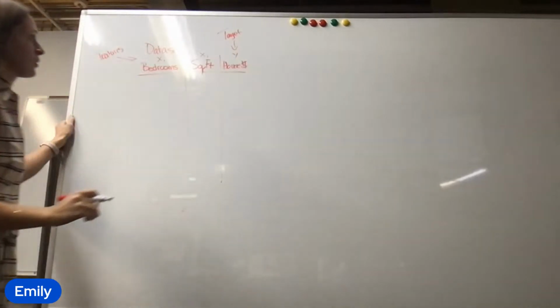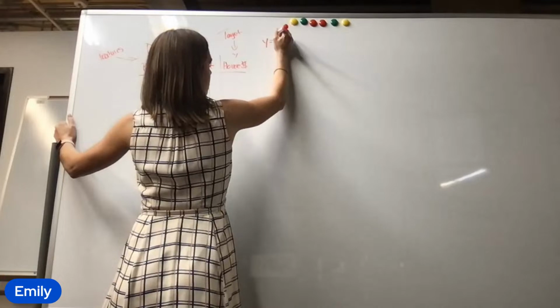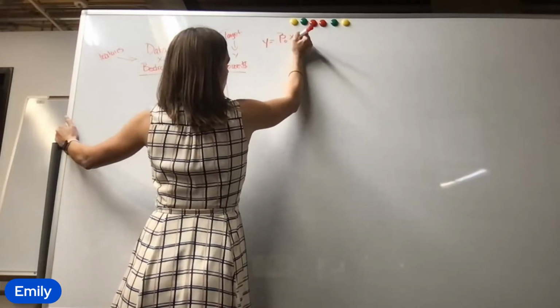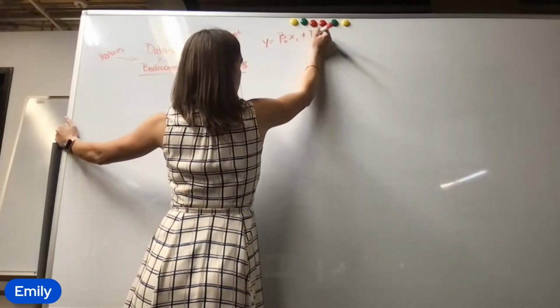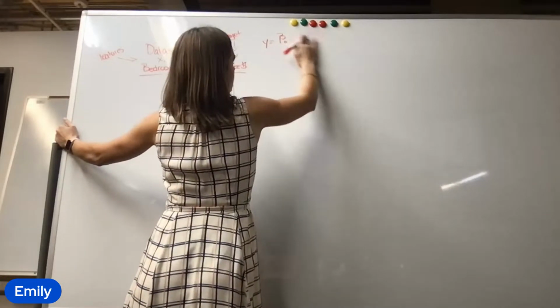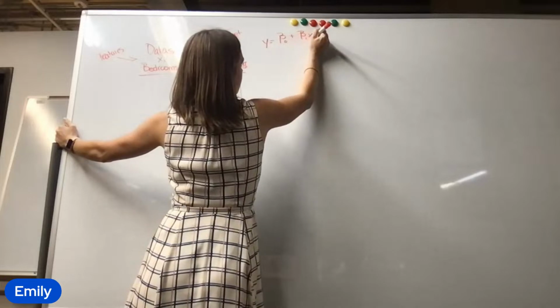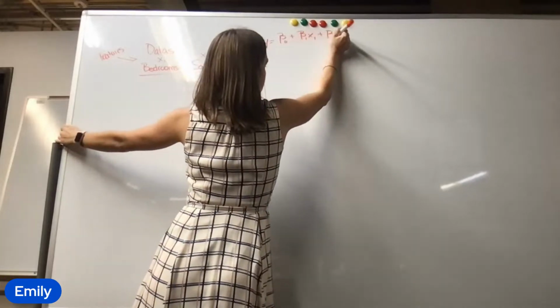Great. So what we're trying to do is create Y equals beta sub naught plus beta sub 1, X sub 1, plus beta sub 2, X sub 2.